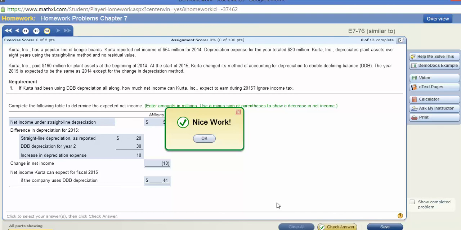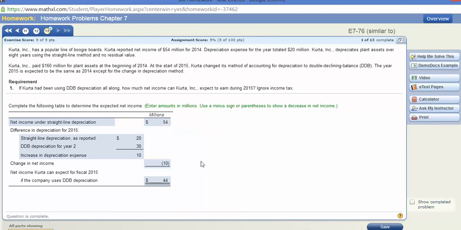And it fits with the greater scheme that a lot of assets lose more of their value early in their life. Okay, so if you see this kind of problem, the basic what you're trying to do is get from the net income as it exists under the old system, 54 million, and you ask yourself, hey, in year 2, 2015, what would happen to this number? Of course, they say here everything's the same. That's why we have 54 million. Again, we know straight line would be 20 million.